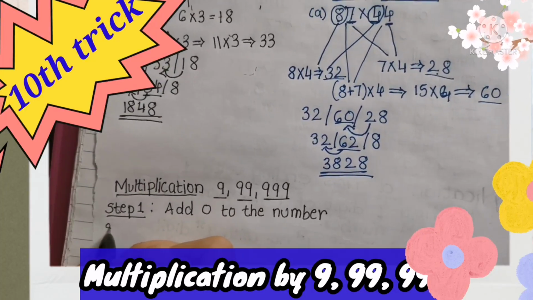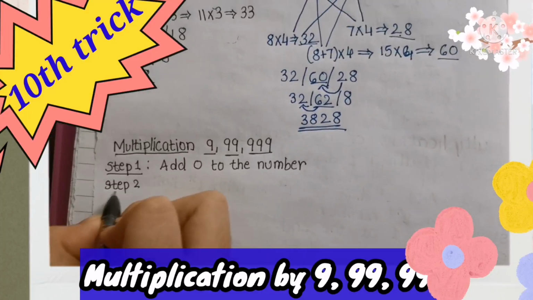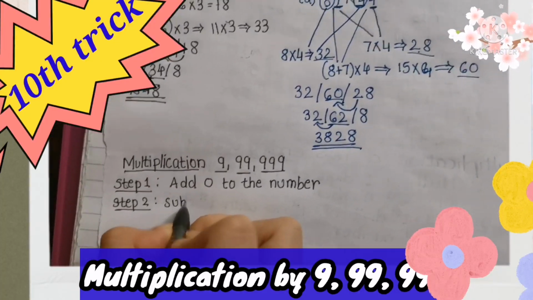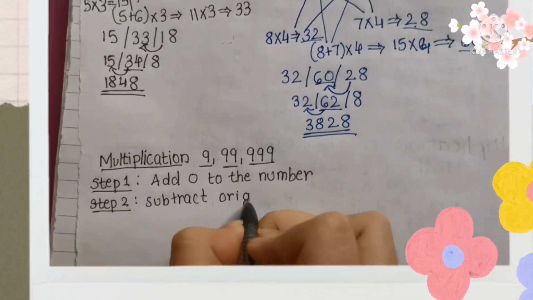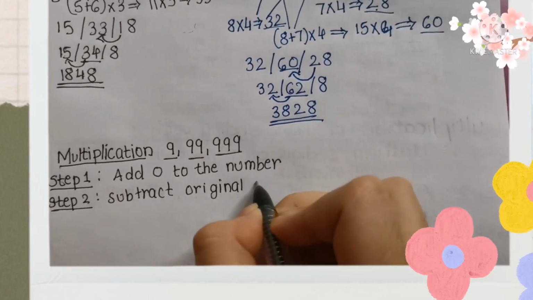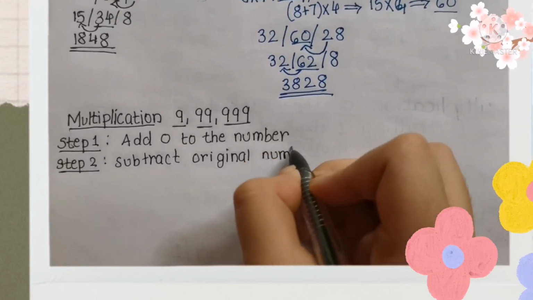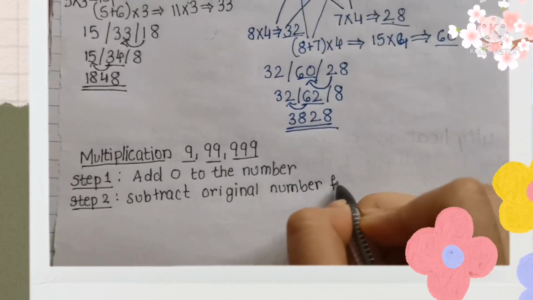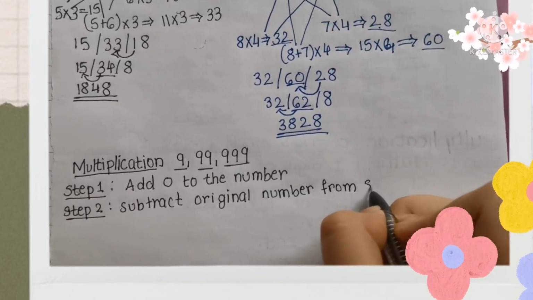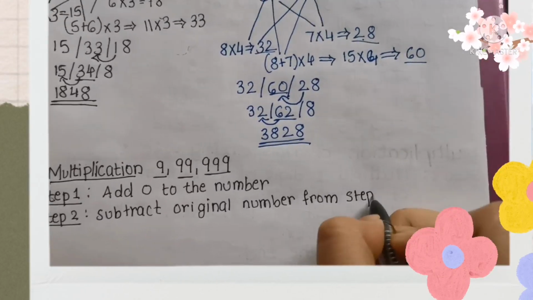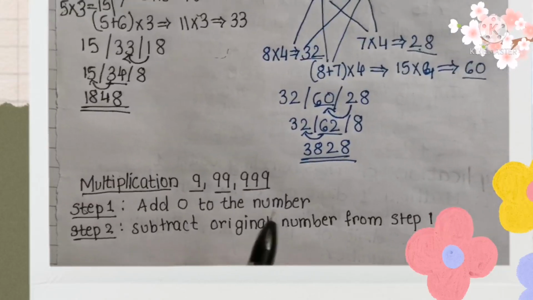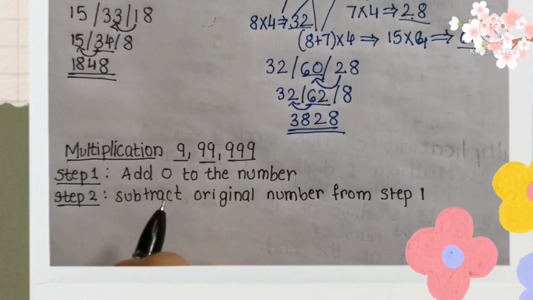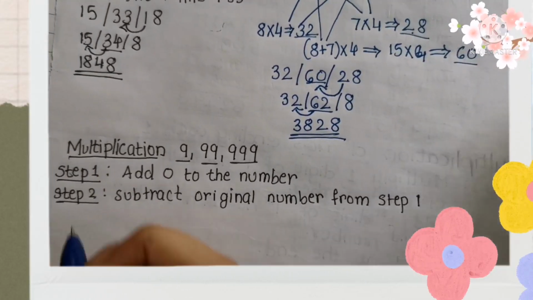So our next step is we have to subtract our original number, that is 51, from our step 1 answer. Our original number is 51. So this means 510 minus 51. Answer is 459. Let's take one more example.